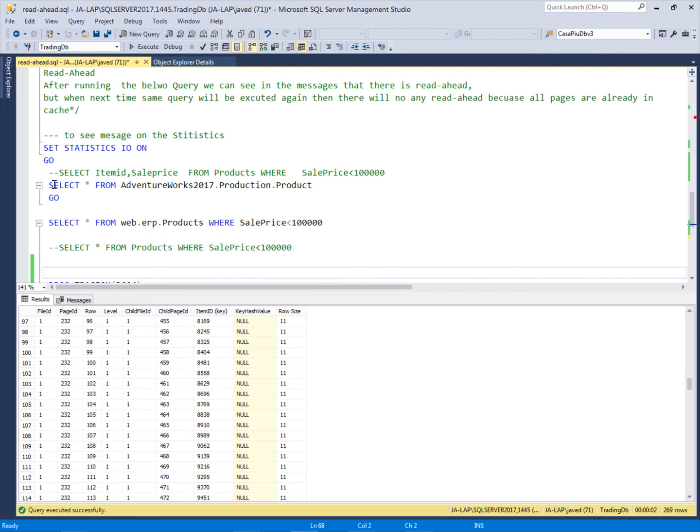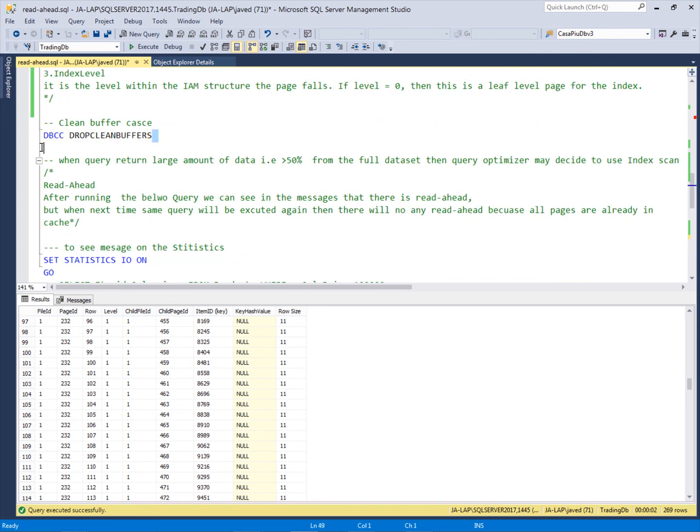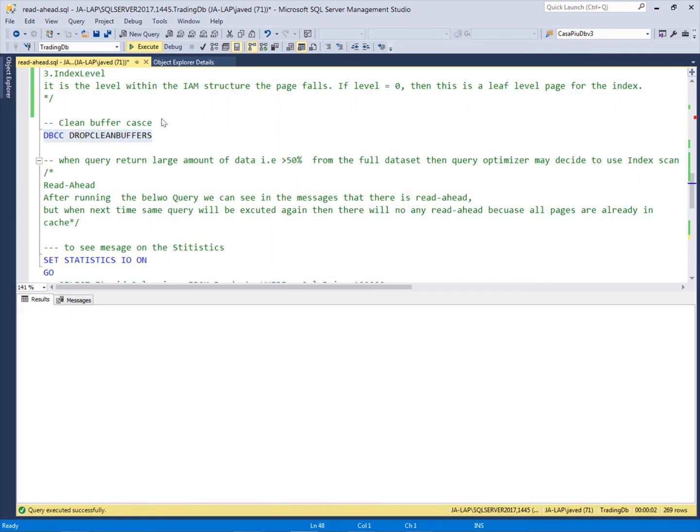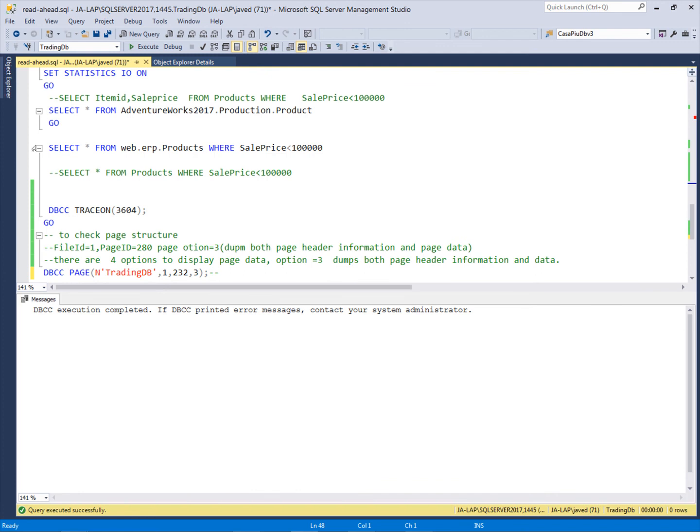Now if I execute this query, first I will clear the buffer; I cleared all this cache. I will execute this product query and turn on the input output statistics, so that the statistics will show what is going on.